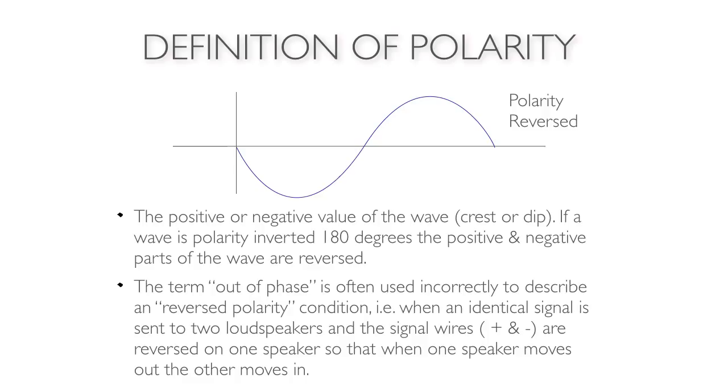That's simply what polarity is: making a mirror image of the wave and reversing the positive and negative portions. You'll find some people using the term out of phase, which is generally incorrect. What they're really talking about is out of polarity.